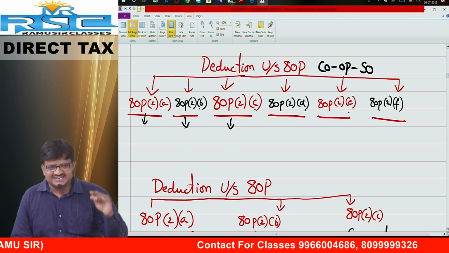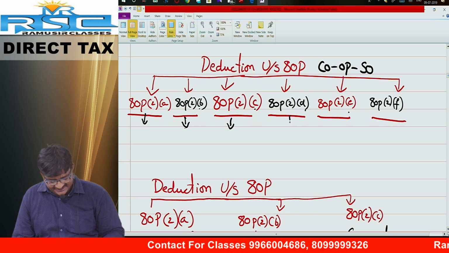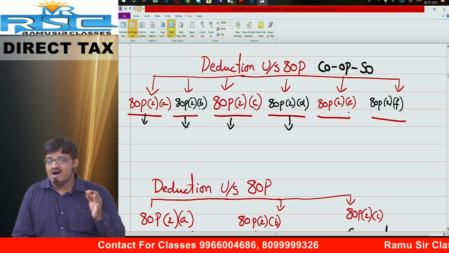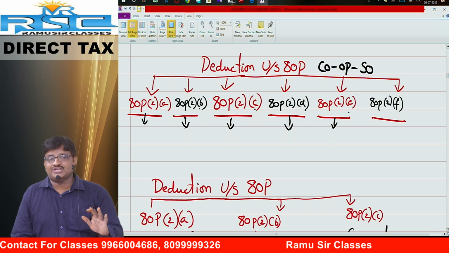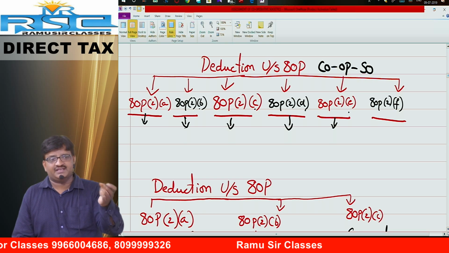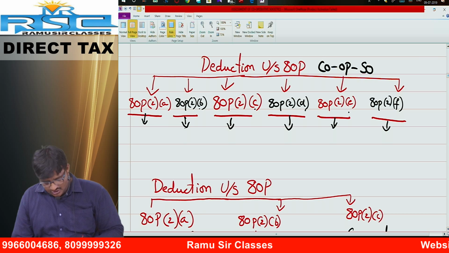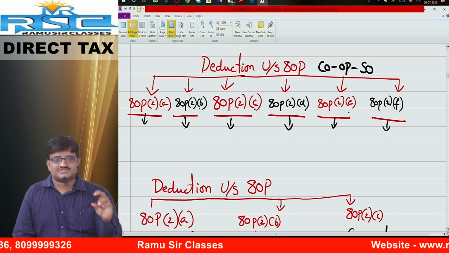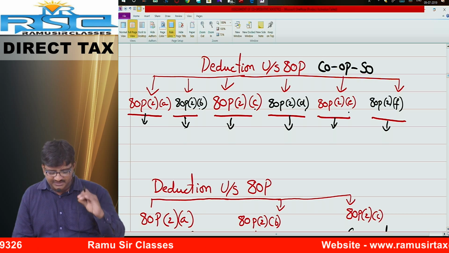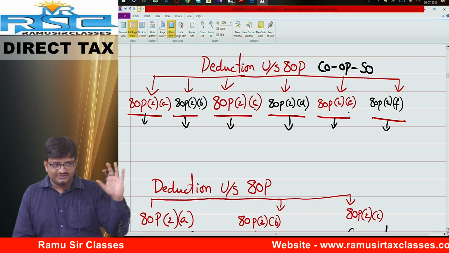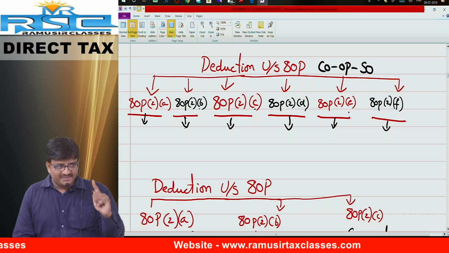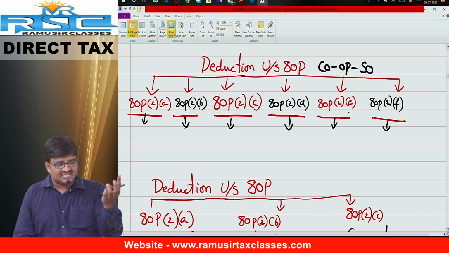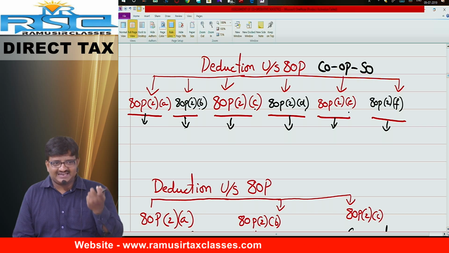C: general deduction. D: dividend income or interest income from other societies is allowed. E: letting out of cold storage or warehouse is allowed as deduction. F: cooperative societies which have lower income are also eligible for deduction. So these are the different deductions applicable. I repeat, 80P sub-section 2, clause A, B, C, D, E, F.